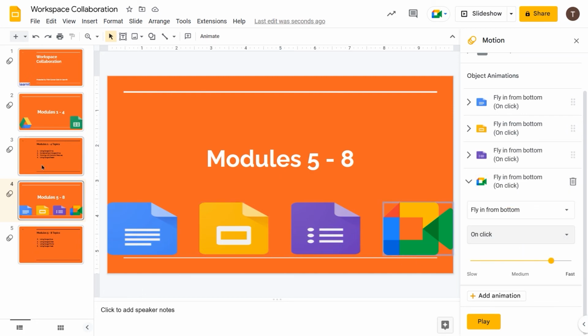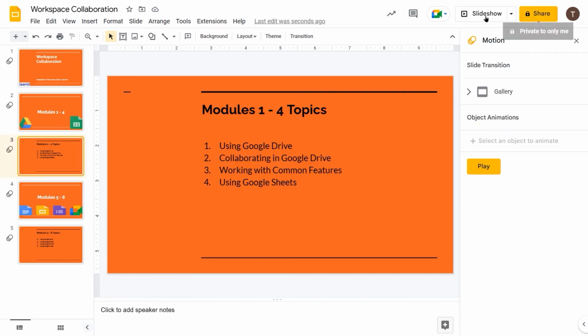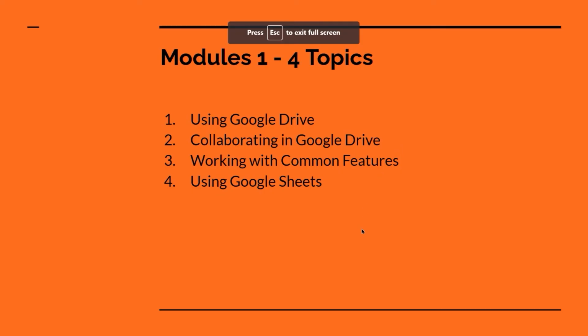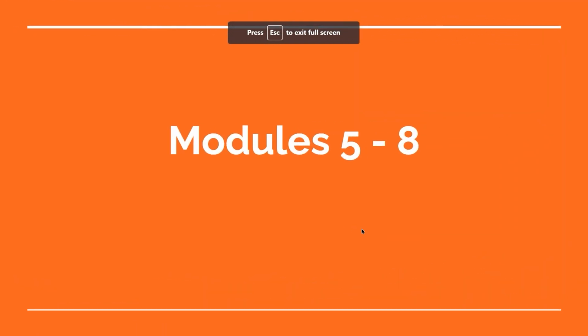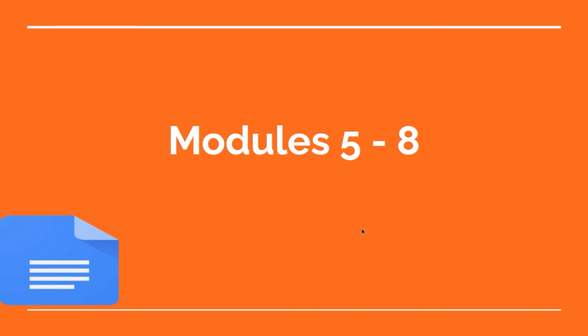And let's click on slide 3 and start our slideshow. So go ahead and click to advance. When you click the first time, you'll get the docs icon. Click again, you get slides.